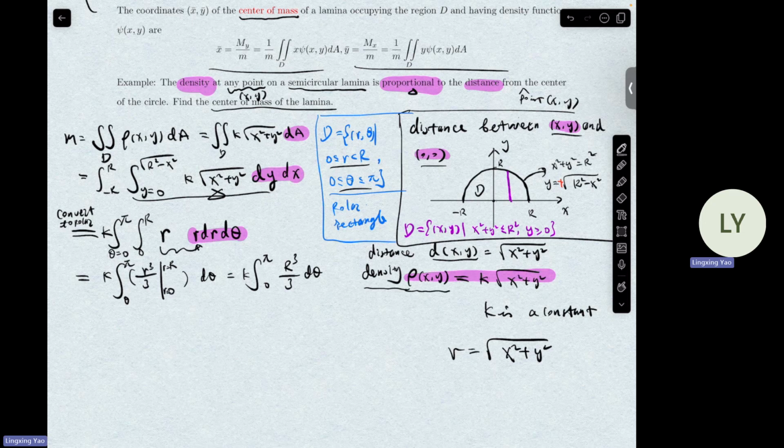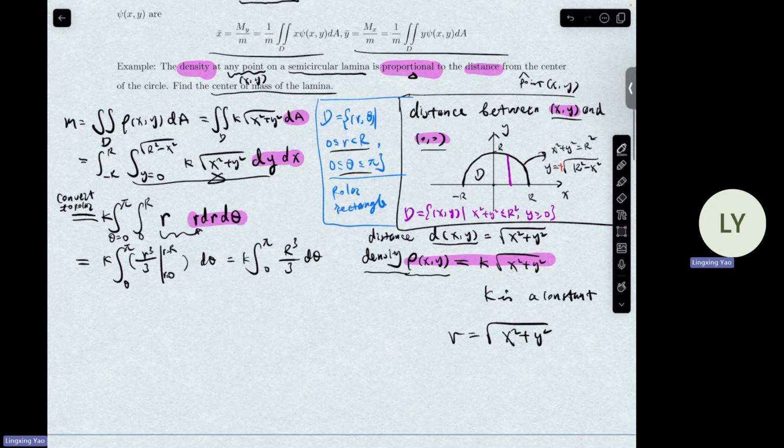This becomes k big R cubed over 3 times theta, for theta equals 0 to pi. So this is k R cubed pi over 3. This is the total mass of this laminar region.